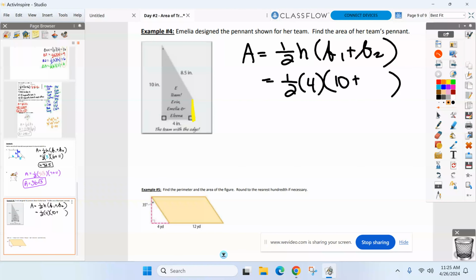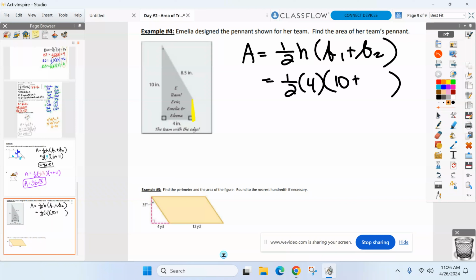So that's 4. Wait, why can't we just do like Pythagorean theorem and get like this, and then subtract 10 minus. Oh yeah.